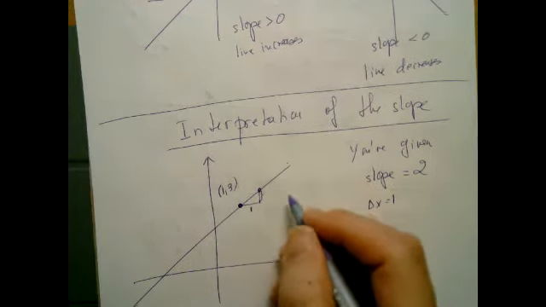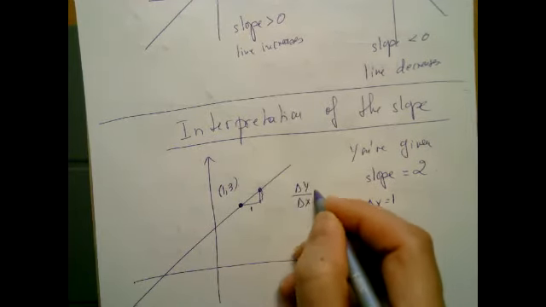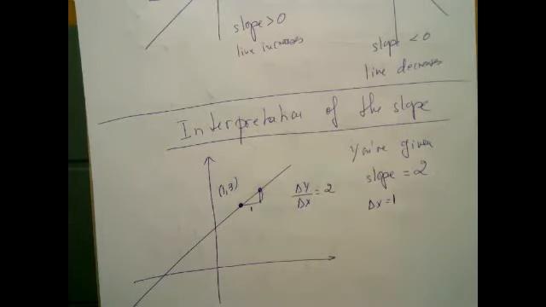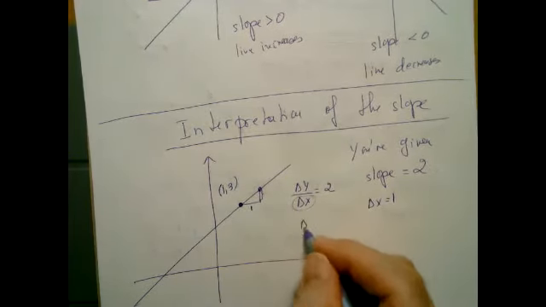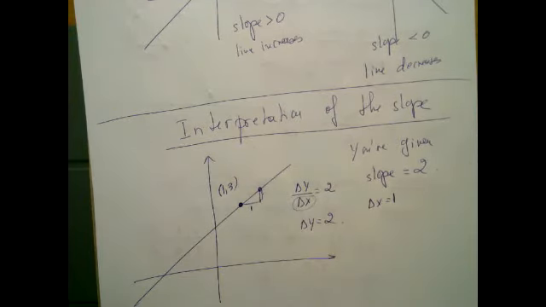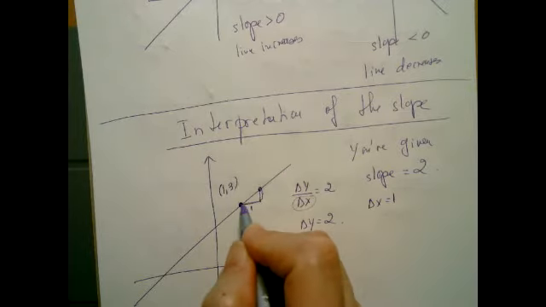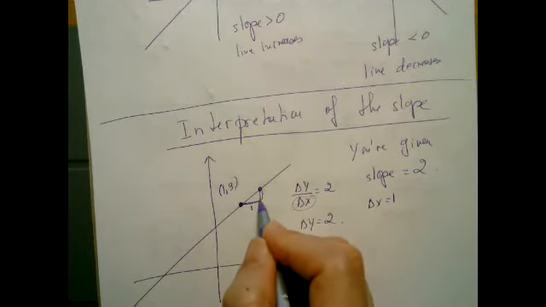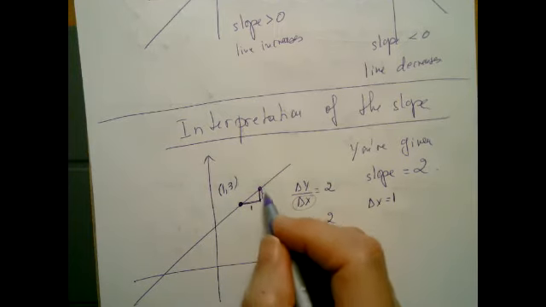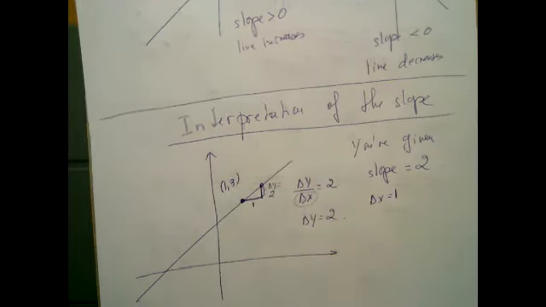If the slope is 2, it means the delta y over the delta x is 2. So if I choose my delta x to be 1, the delta y should be 2. If you make the run 1, the rise is exactly the slope. So this is equal to 2.